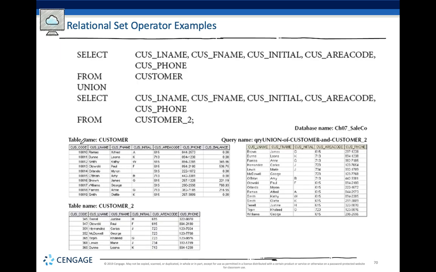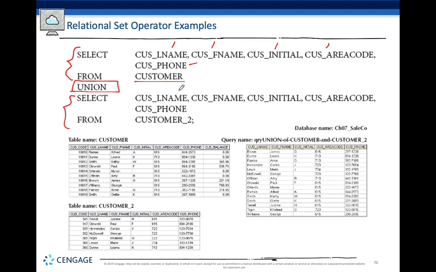So here we see an example of the union operator. This is our first query. This is our second query. So query 1 union query 2. Here are the results of the first query. We're saying select last name, first name, initial, area code, and phone number from customer.